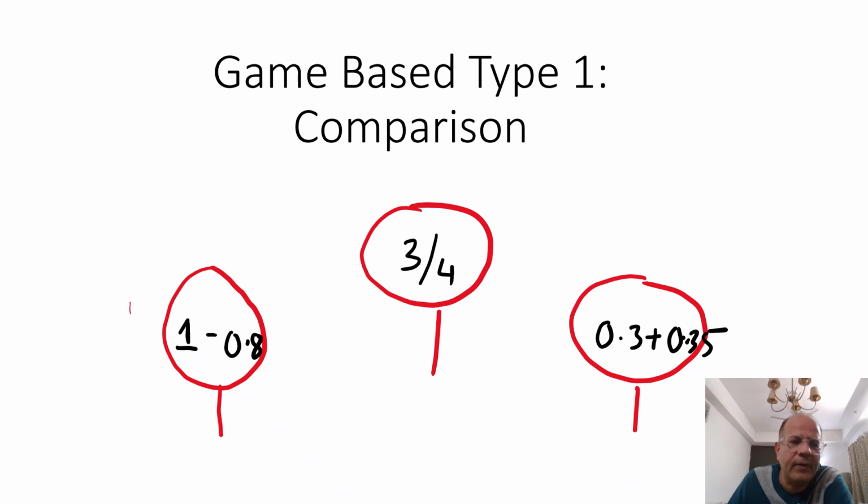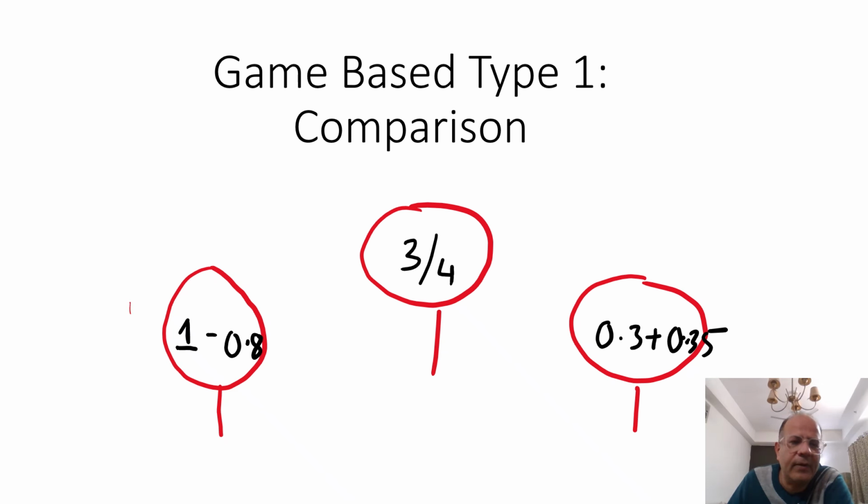If you want to put them in an ascending order, you start clicking with the lowest one first. So I'll click the C option first, then you need to click B, and then you need to click A. So with the clicks, you have arranged them in an ascending order.